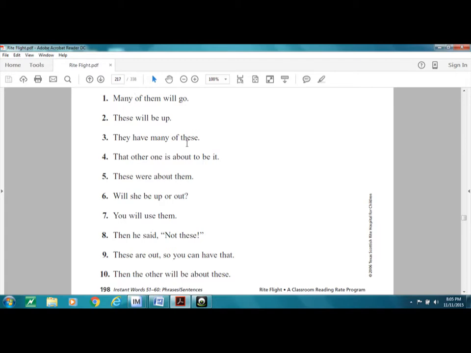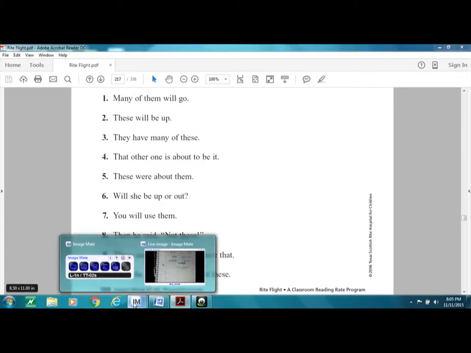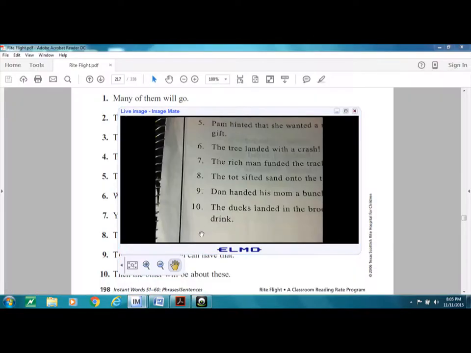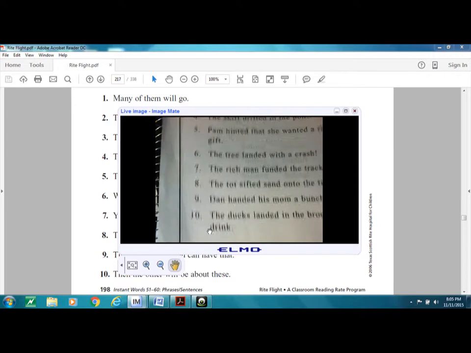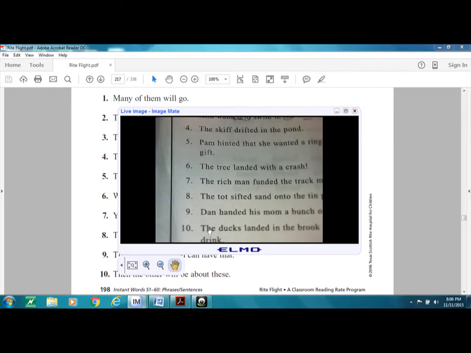So let's look at those sentences. We're going to start with number 6. I'm going to go ahead and switch back to the camera that I need. All right, let me zoom out, make sure we can see what we need.